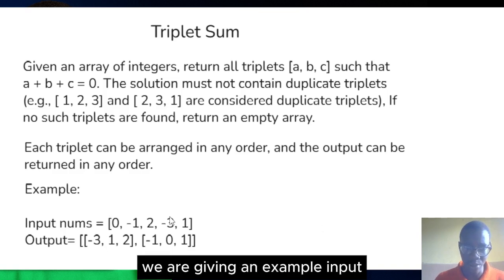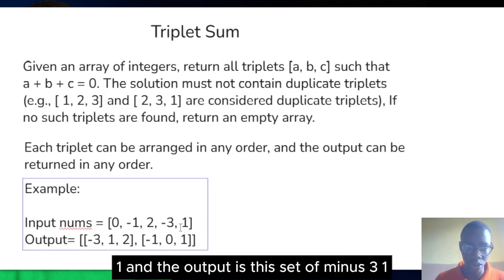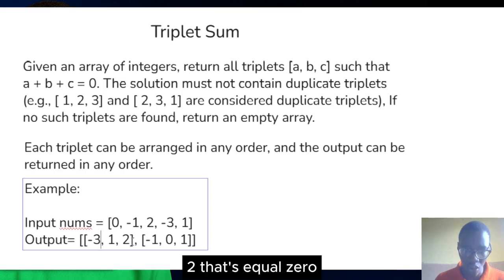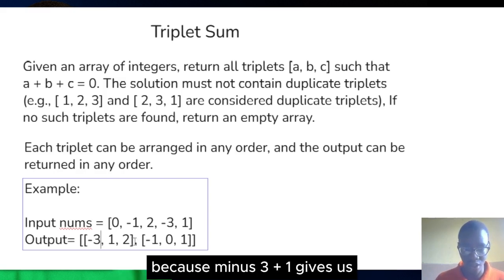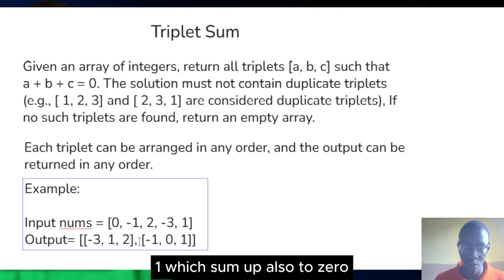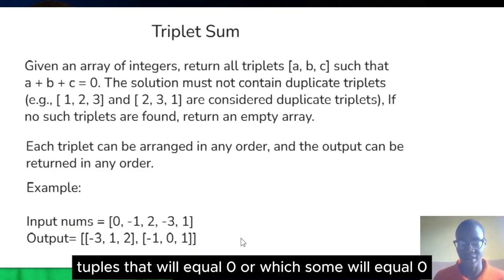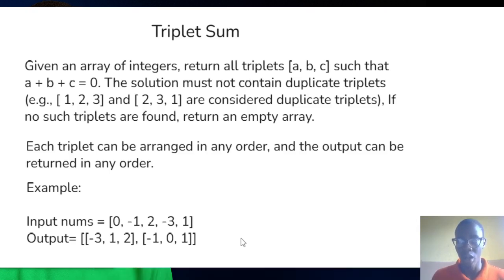We are given an example input here, which is 0, minus 1, 2, minus 3, 1, and the output is this set of minus 3, 1, 2 that equals 0, because minus 3 plus 1 gives us minus 2, minus 2 plus 2 gives us 0, and another one is this minus 1, 0, 1, which sums up also to 0. So the problem really wants us to return all possible triplets whose sum will equal 0. Right.